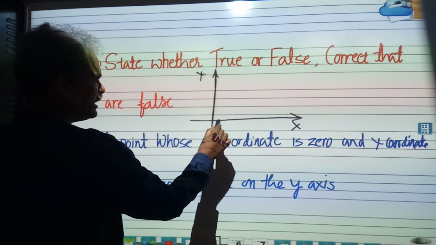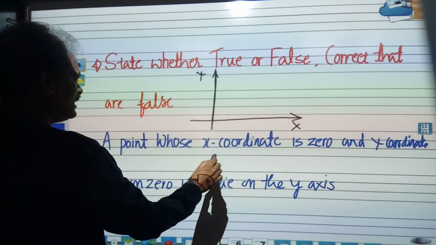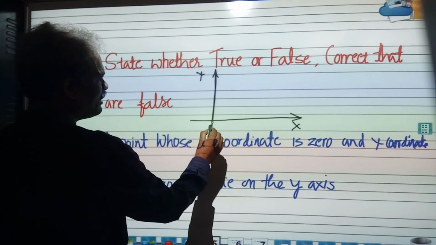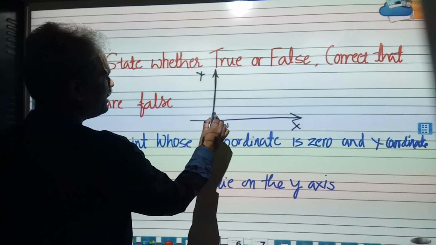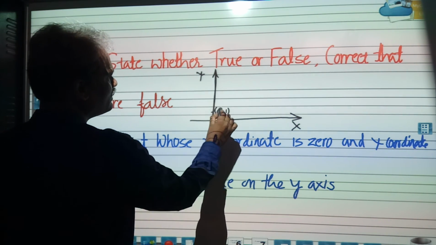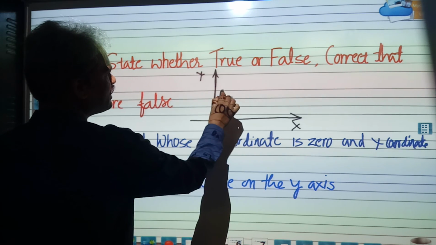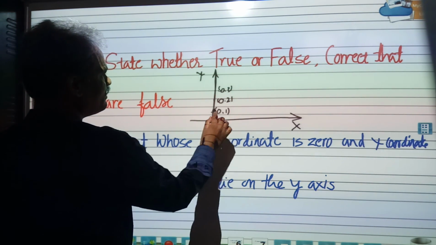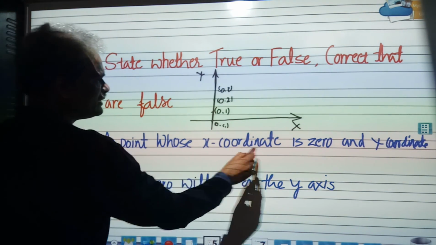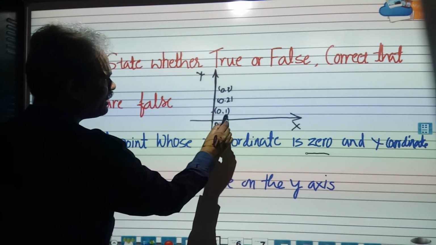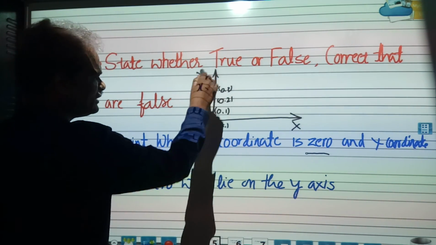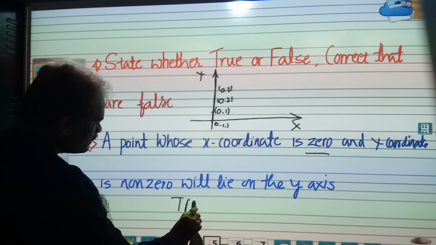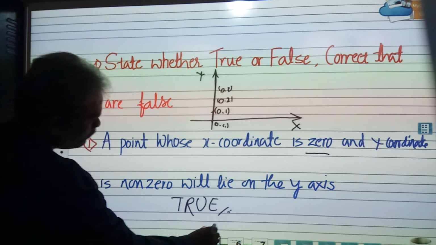Start from here only. And the y-coordinate is non-zero. So this is 0, 0. Then if this is 1, it means 0, 1. So here 0, 2, 0, 3. See all this, a point whose x-coordinate is 0 and y-coordinate can be any number must lie on the y-axis. This statement is true.